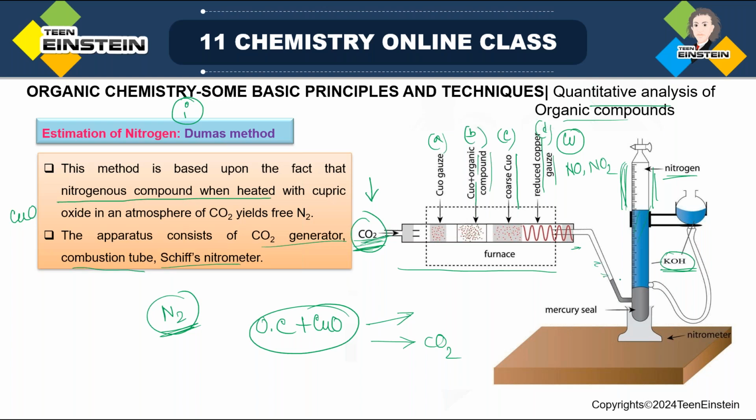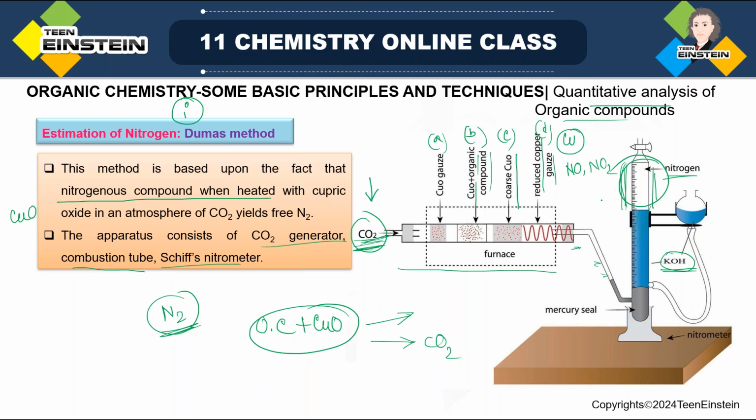We want all the nitrogen gas that is produced in the whole compartment because of this combustion to be in this part, so that we can measure it. That is why CO2 gas will be inserted, so that it can expel all the nitrogen to this part. In this way the process is done.